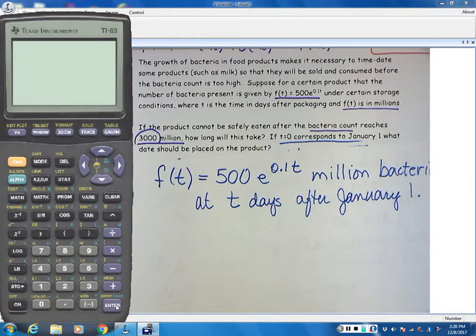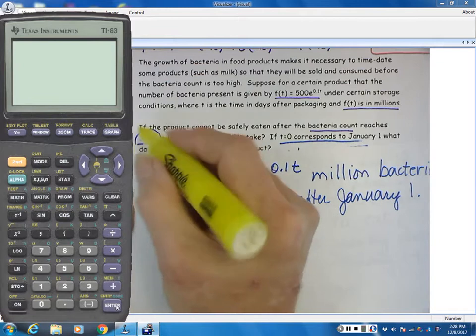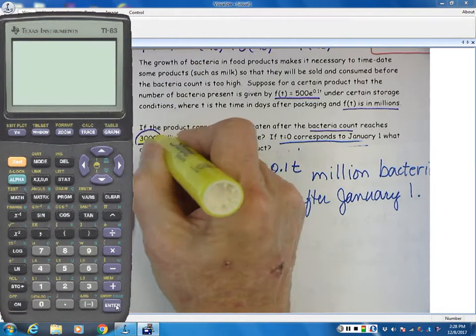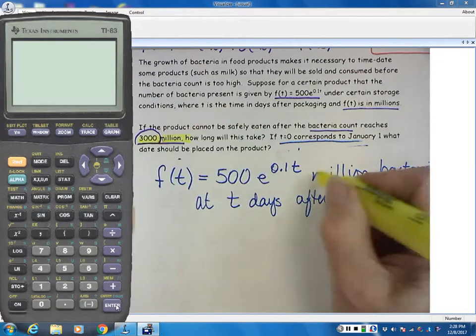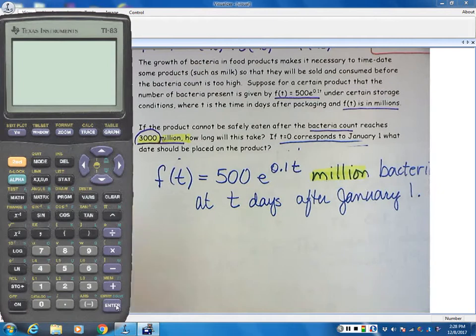If the food can't be eaten if the total number of bacteria gets up to be 3,000 million, take into account that million is part of f of t. So you don't use the word million, you only use the number. So you don't put in 300 and then add 6 zeros to it.